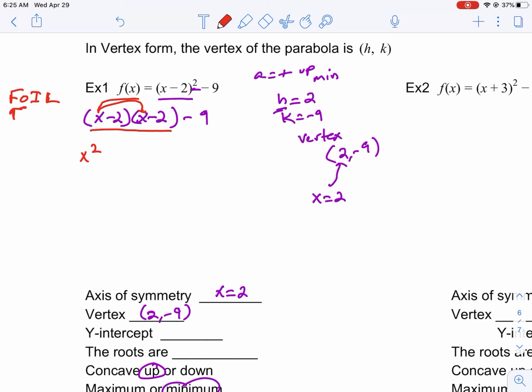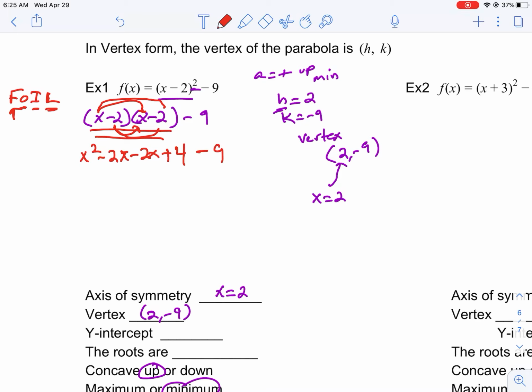O is the outer term, so this x and this negative 2 is negative 2x. The inner terms, this negative 2 and this x is negative 2x. And the last terms, negative 2 times negative 2 is positive 4. So that's this part up here, and don't forget the 9.